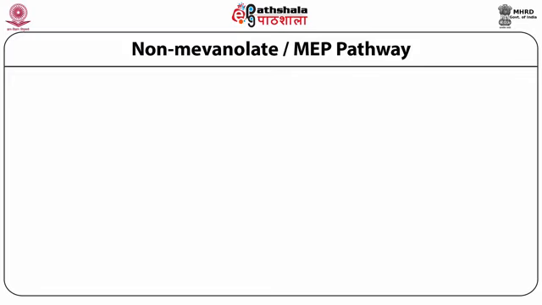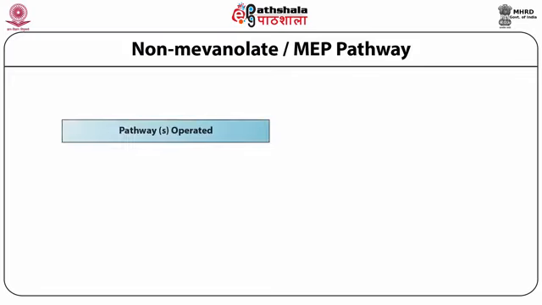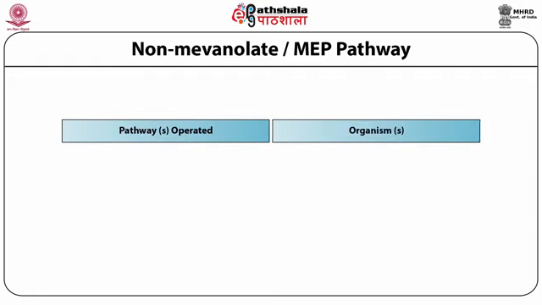As we can see in the following table, the pathway operated, both the mevalonate as well as non-mevalonate, which is the MEP pathway, and the organisms in which these pathways were carried out can be well studied and understood.